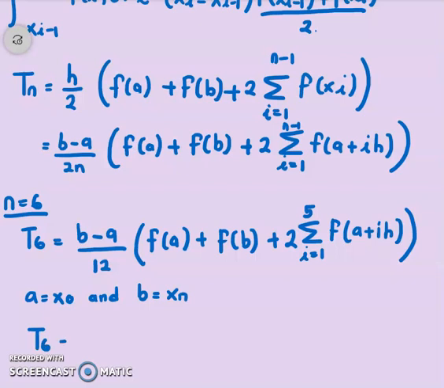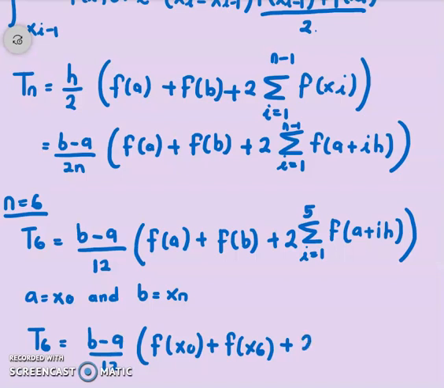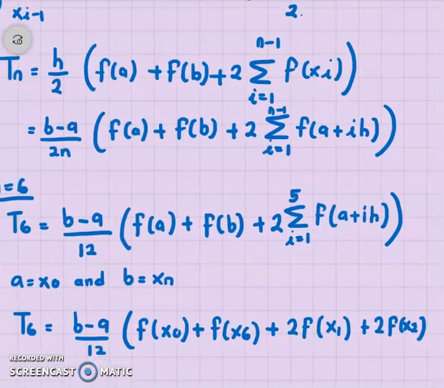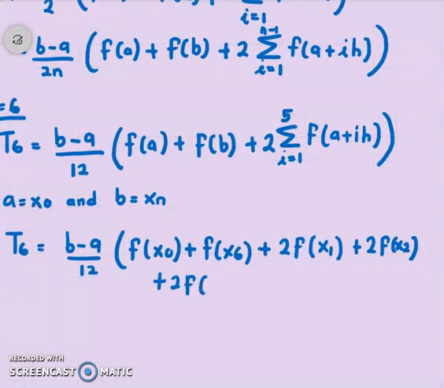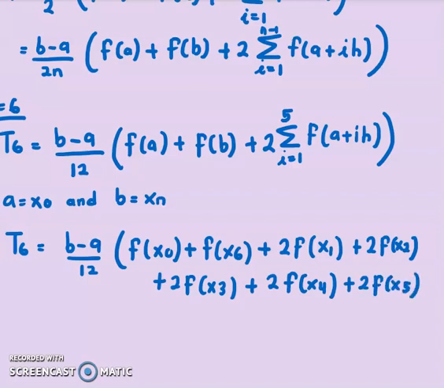So T6 is given as b minus a over 12 times f(x0) plus, don't forget, f(xn), which is my x6, plus everything in the middle from x1 to x5 you multiply by 2: 2 times f(x1) plus 2 times f(x2) plus 2 times f(x3) plus 2 times f(x4) plus 2 times f(x5).